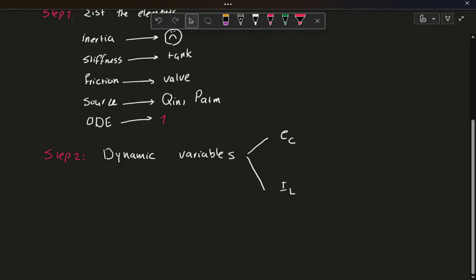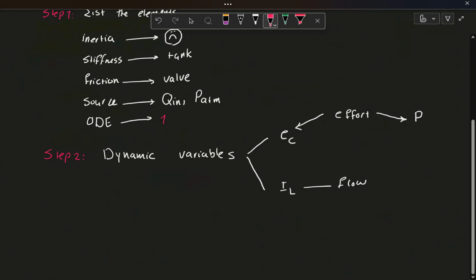So voltage in electrical systems was an effort, and flow or the current was a flow. So what is effort in hydraulic systems? In fact, it's going to be pressure.